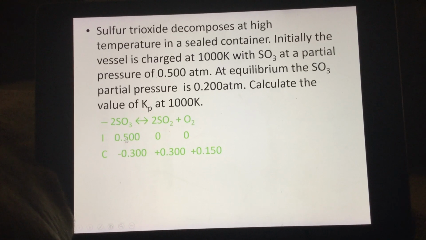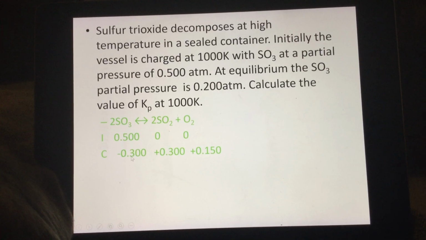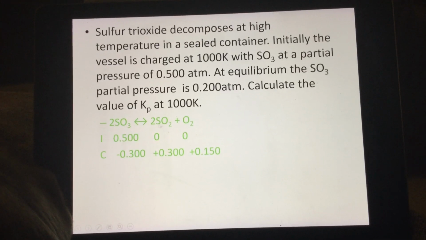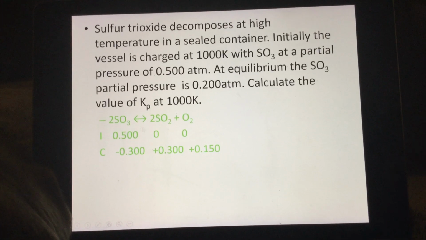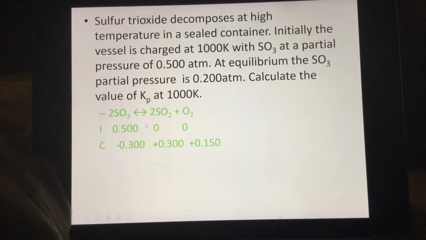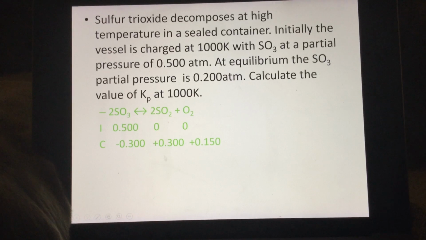So the sulfur trioxide pressure is decreasing by 0.3 because it's decomposing and forming sulfur dioxide in the same ratio, so for every 2 moles of the SO3, we are forming 2 moles of SO2.